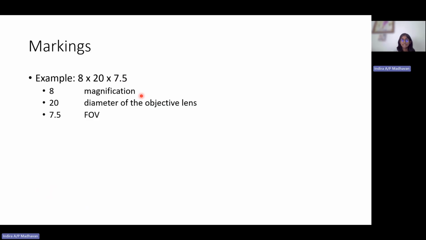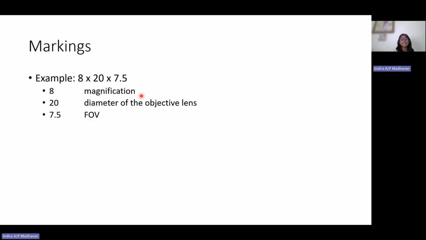Similarly for this telescope, there is only one reading that is important. The other two are just supplementary for our understanding, which is not involved in the prescription. That means we don't select based on the latter 2 numbers, we select based on the first number only, which is the magnification.